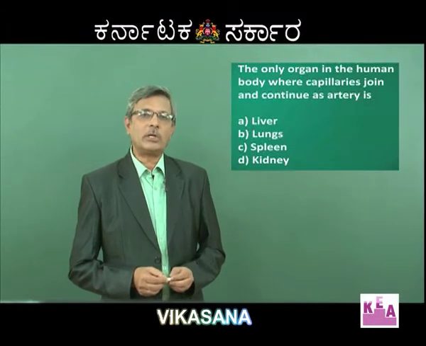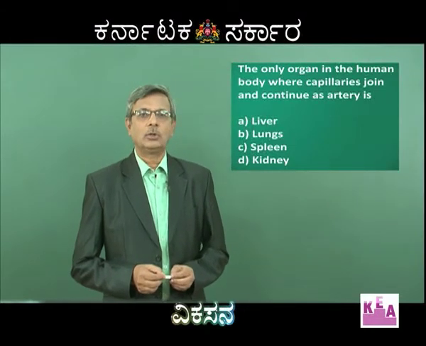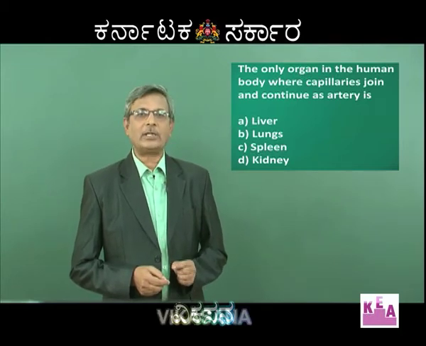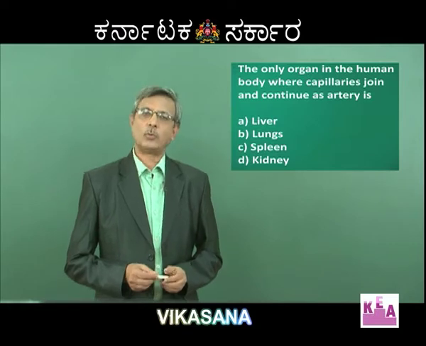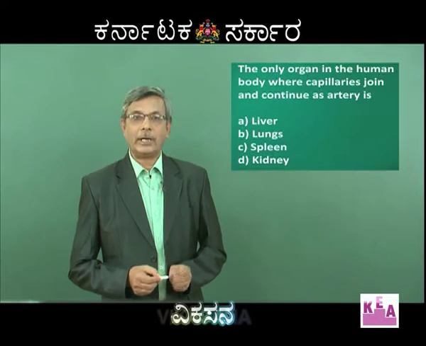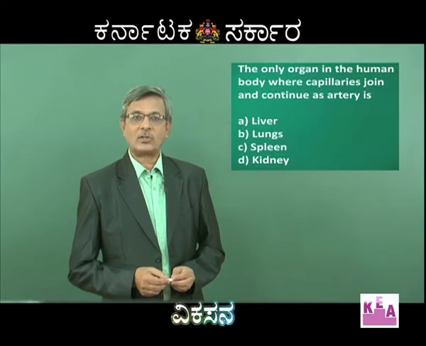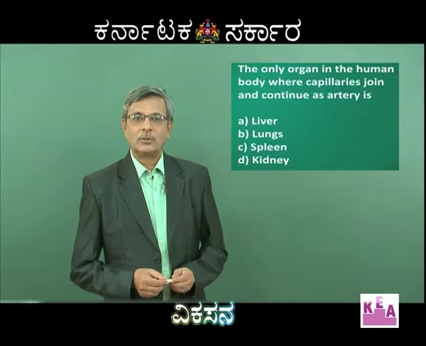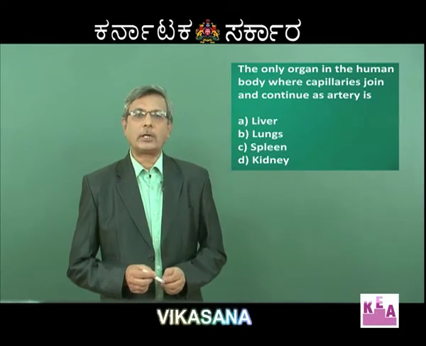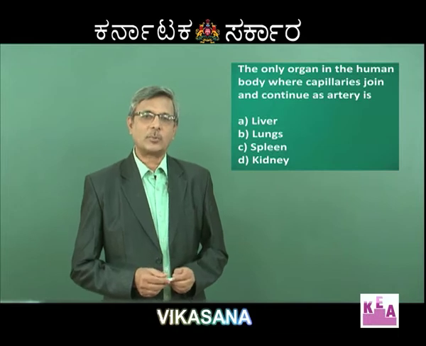And when you talk about the glomerulus, we also show that the afferent arteriole conveys the blood to the capillaries, that is glomerulus. And these capillaries join and continue again into an artery, which is called the efferent arteriole. So since it is the glomerulus where capillaries join and continue as artery, the answer must be kidney.